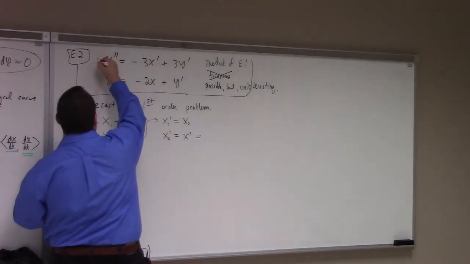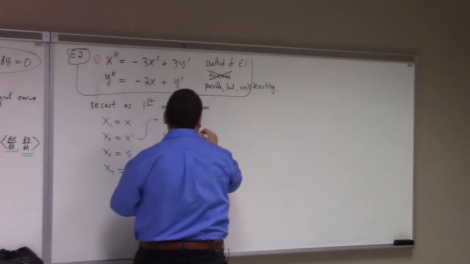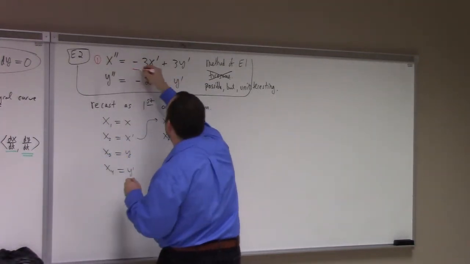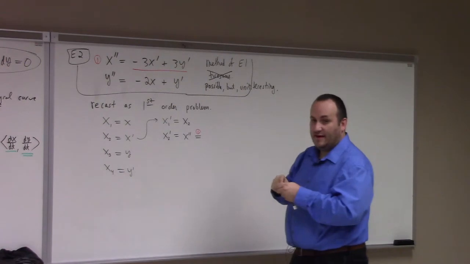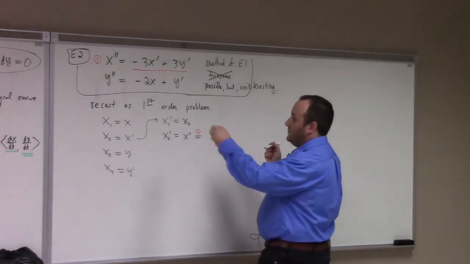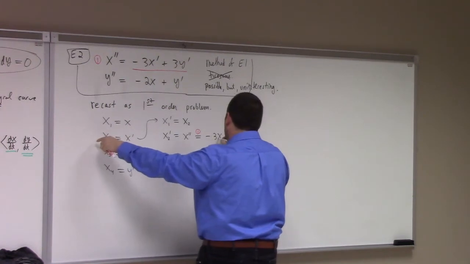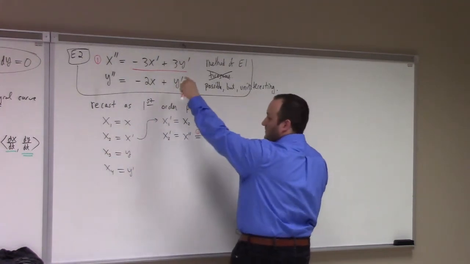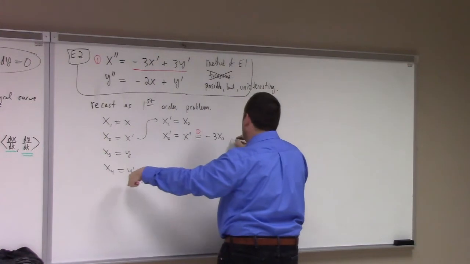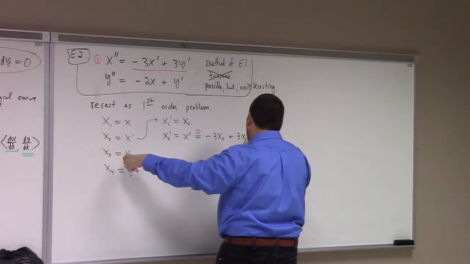Let me call this equation 1 here. So using equation 1, I'm going to translate that into my new variables. x prime is what? Oh, so you say minus 3x2. Okay. And then what? Plus 3x4. Very good.